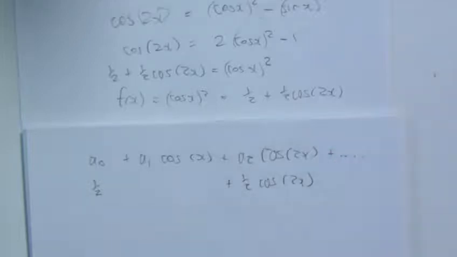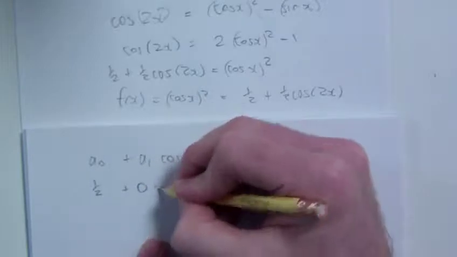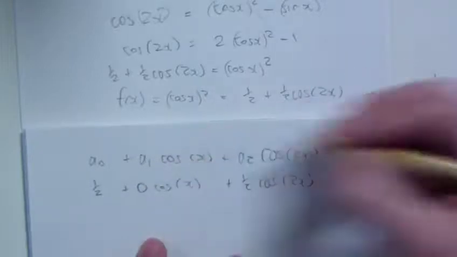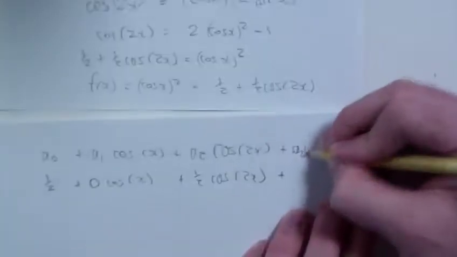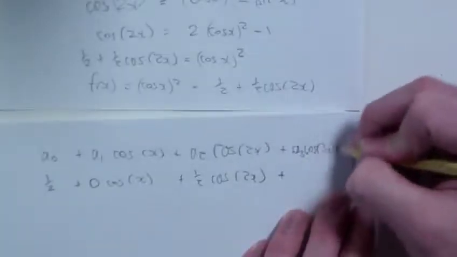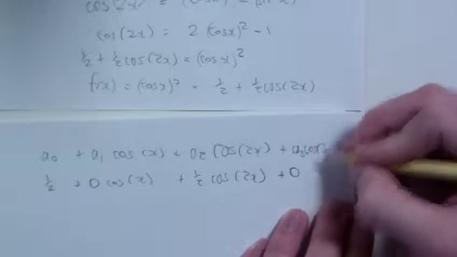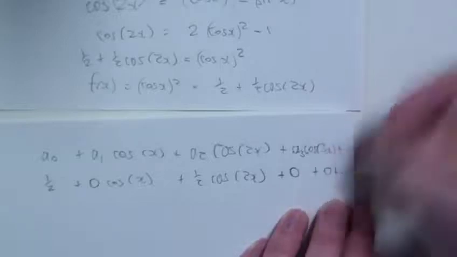And everything else is 0. So I'm just pointing out that if you can write it as a combination of cosines and sines and a constant at all, then that's already the Fourier series.